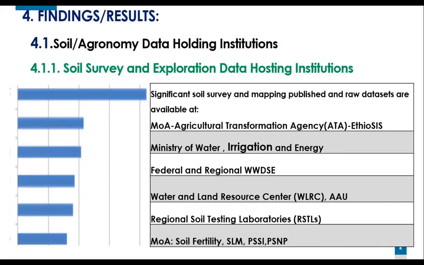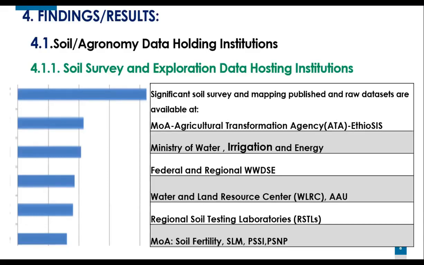When we come to the data description part, just let me begin with the type of data holding or hosting institutions. As you know, the soils and agronomic data in Ethiopia were originated or collected by various national and international institutions.